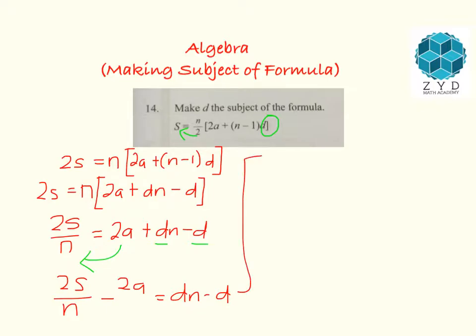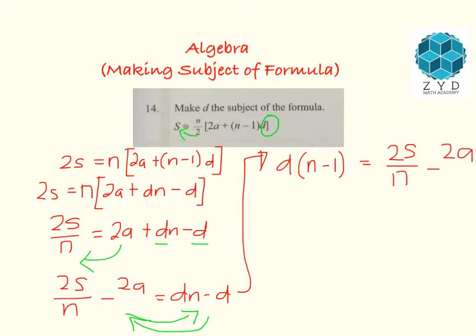So now I am going to switch these positions, so I will have d on my left hand side, and I am going to factorize the d. So d(n minus 1) is equal to 2s over n minus 2a.